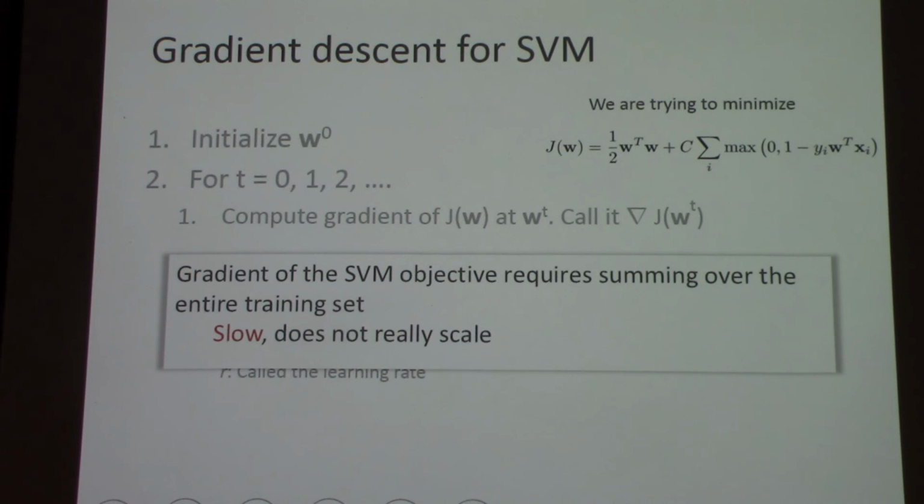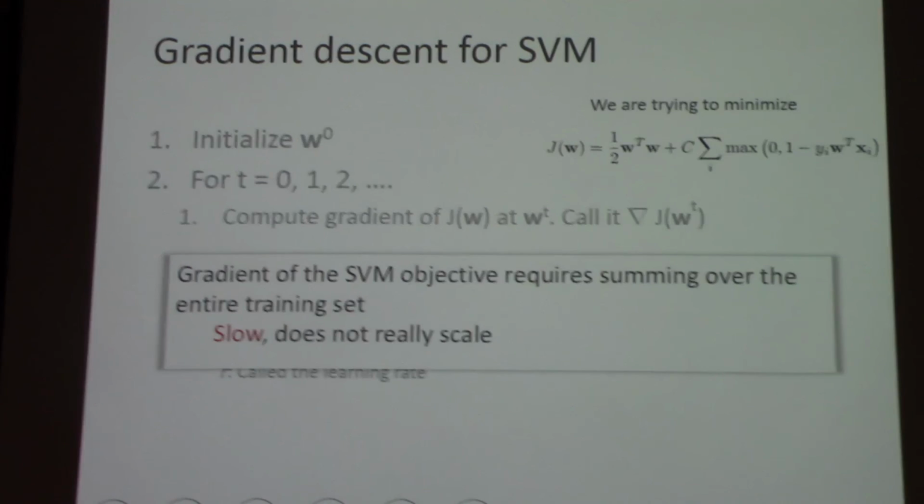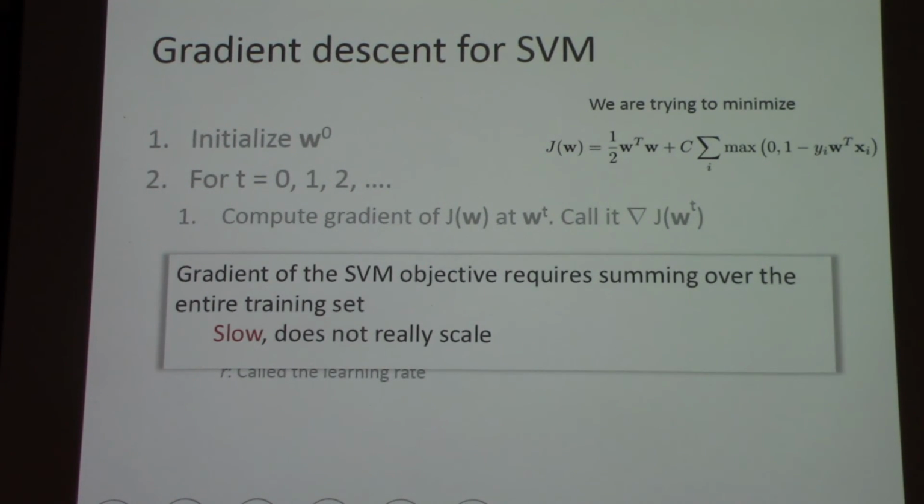It's a computational issue. I care about finding the gradient. Even if I had a way of computing the gradient of max, or some approximation, every time I have to compute the gradient, I have to sum over the entire thing.